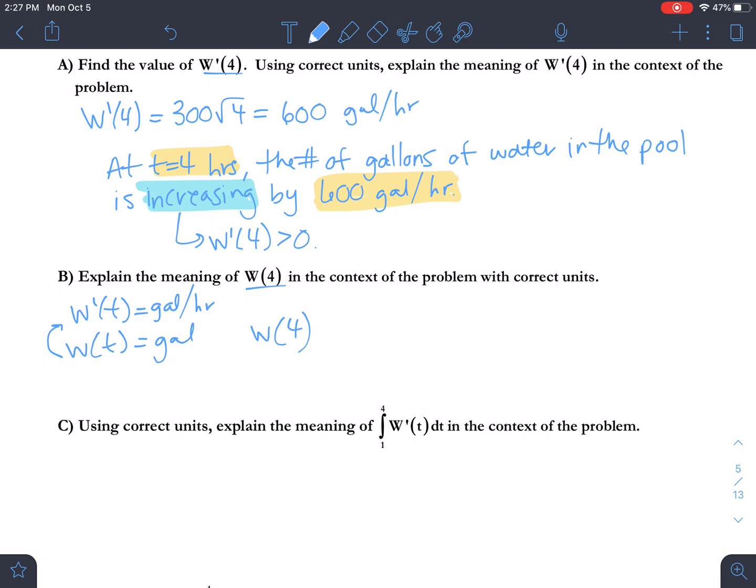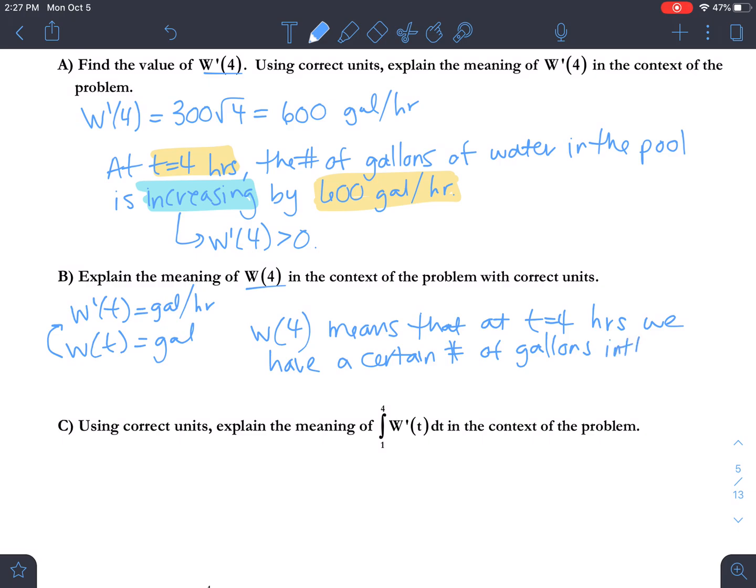So at t equals 4, I look in the pool and I'm like, cool, it has, 50 gallons. Okay, so W of 4 means that at t equals 4 hours, we have a certain number of gallons in the pool.